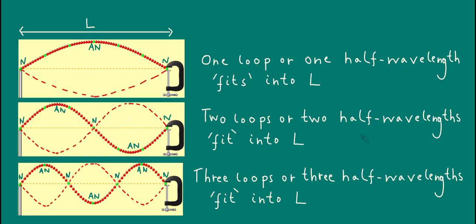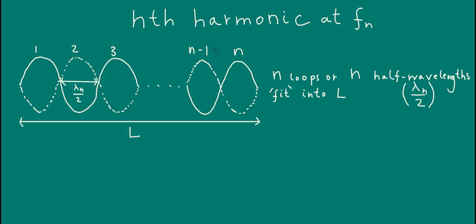So let's consider all of this a bit more generally. Let's consider the nth harmonic at a frequency f subscript n. Now, as you know, the nth harmonic will have 1, 2, 3, up to n antinodes, okay?